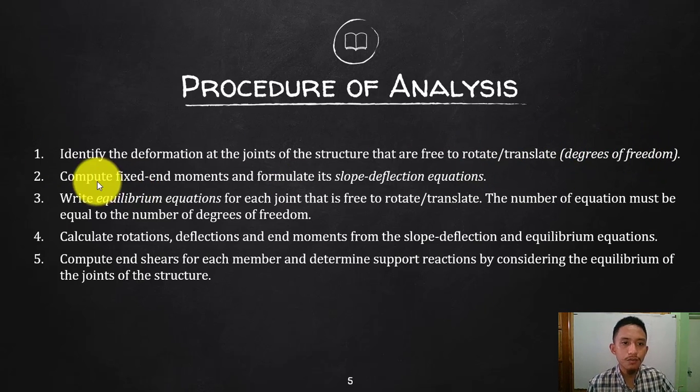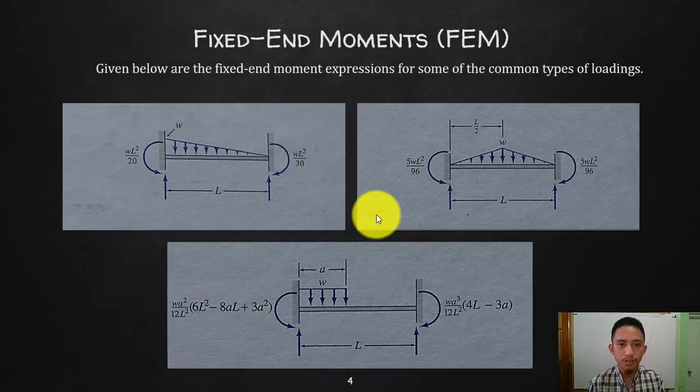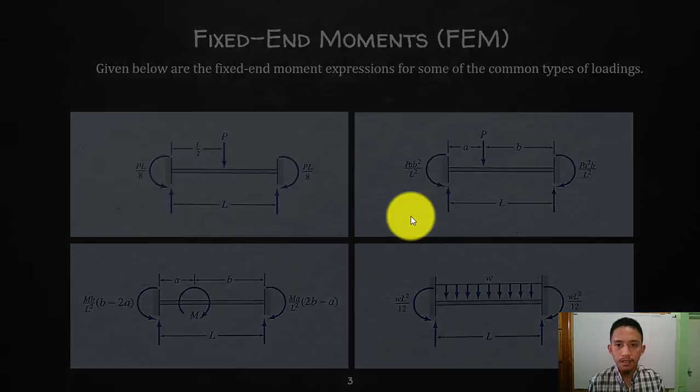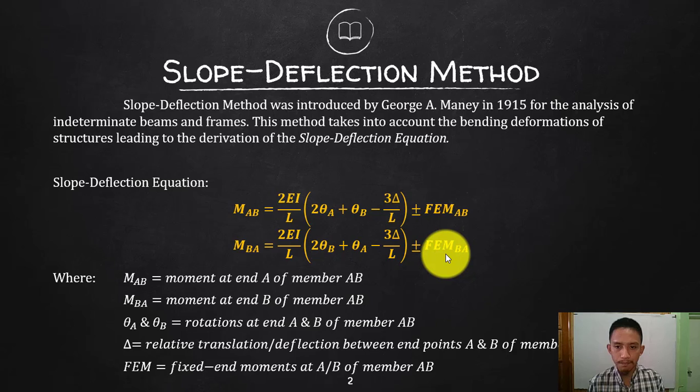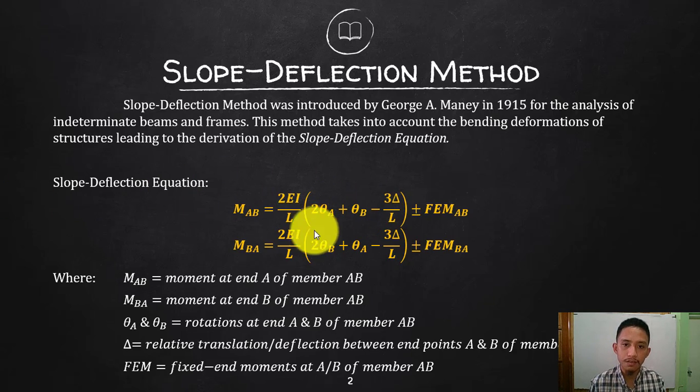Then second is compute your fixed end moment and formulate its slope deflection. So as I've said, if you go back again to our formula, you can always compute your FEM by just assuming that your end supports or endpoints are fixed, and then solve for the moments at these endpoints. And of course, since we already identified these unknown rotations and unknown deflection, then these are your variables in your slope deflection equation.